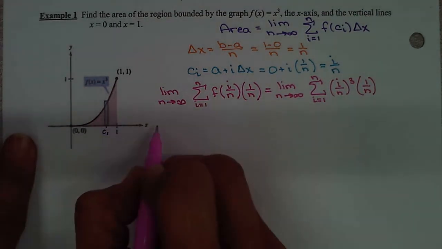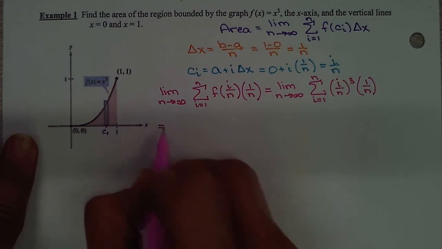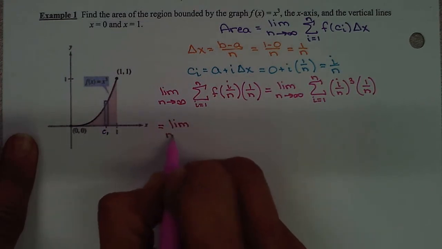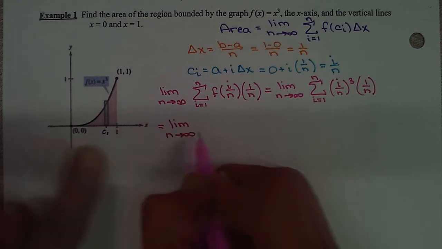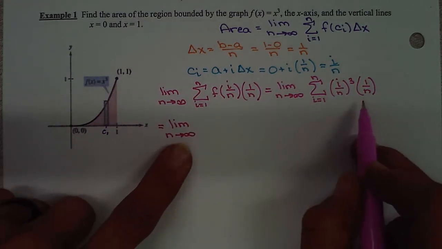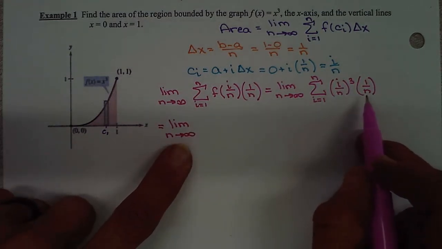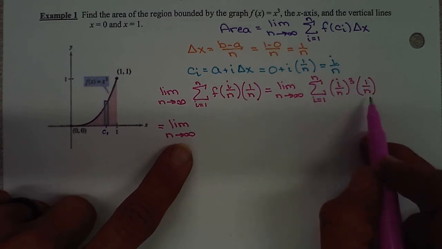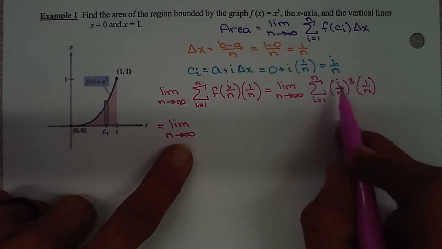Now, this then is going to equal the limit as n goes to infinity. And on here, just like we were doing before, these n's, even though it's going to infinity, represent a constant. And the only thing that you want to leave inside of your summation here is going to be the i's.